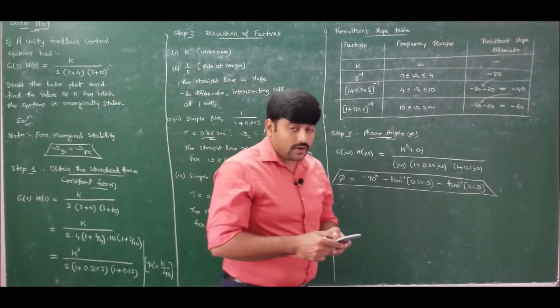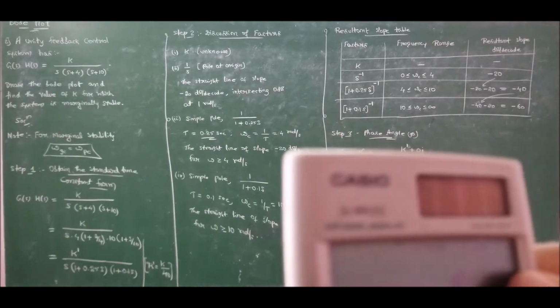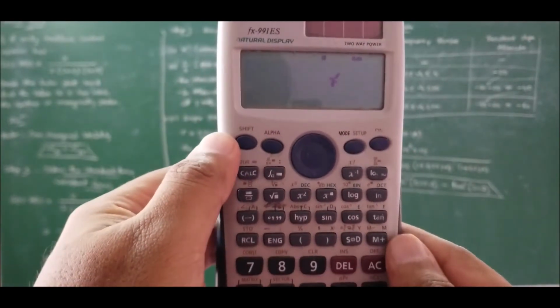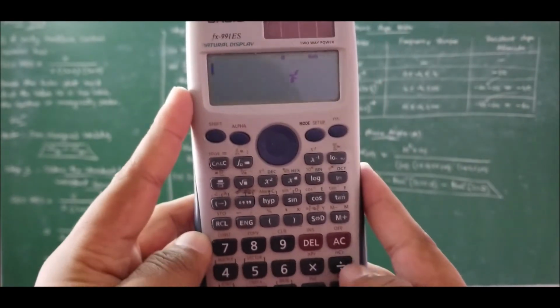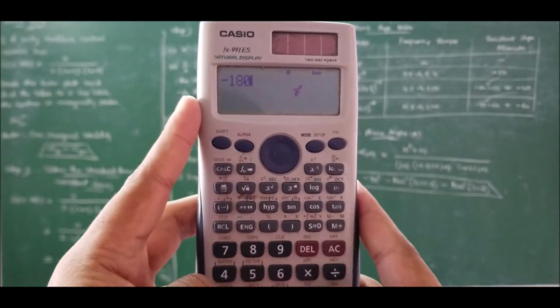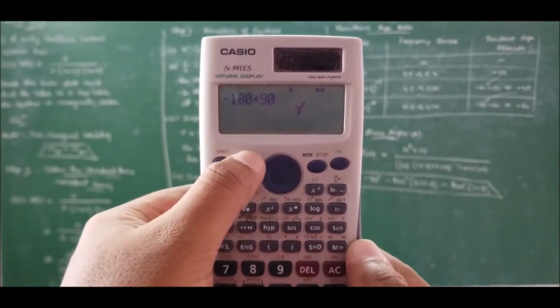I already explained that in our previous lecture. Let me explain once again here. The phi value is already known, that is minus 180. So minus 180, we have minus 90 on the RHS, take it to the LHS, it will become plus 90.